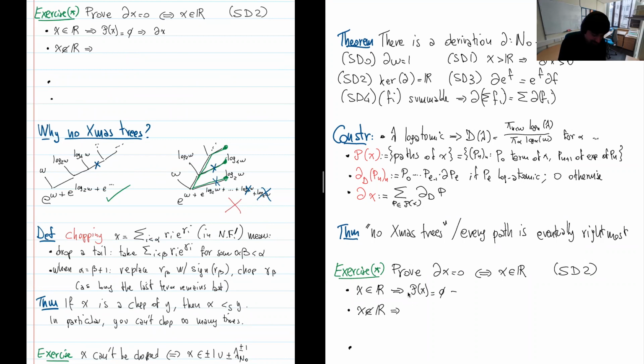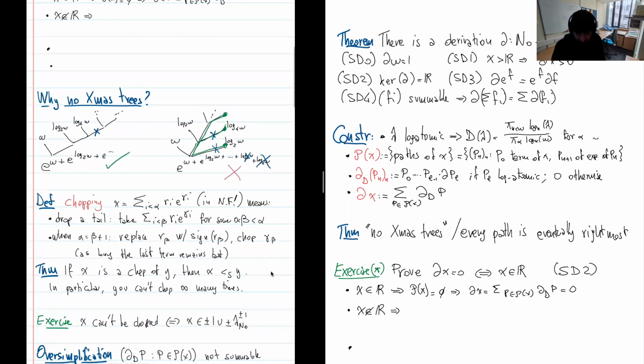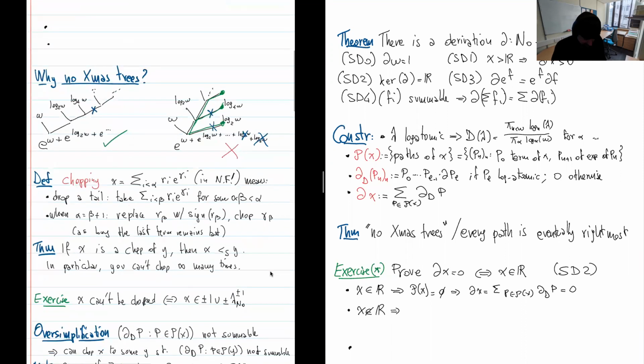And so the derivative of X is an empty sum. And that's 0. So one implication is trivial. The other one is a bit more tricky, but I'm going to leave this open for now, just not written here. And then just give you the solutions after the lecture.